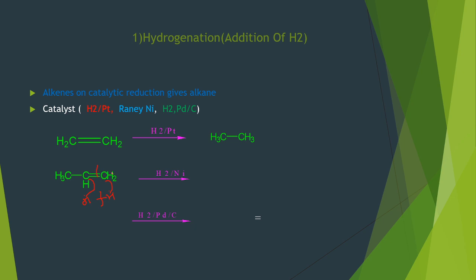CH2 after taking this proton will become CH3. So good. What is the product here? CH3, CH2 and carbon-carbon single bond and CH3. Therefore, what would be the product? Yes, propane. Very good.